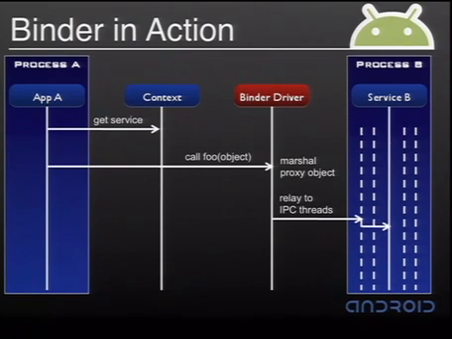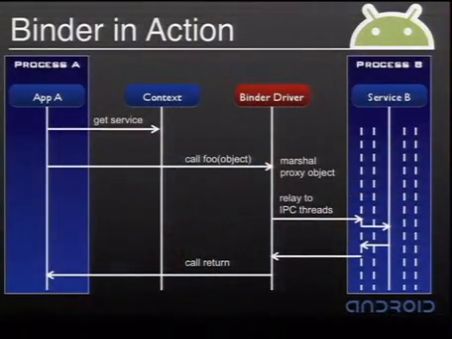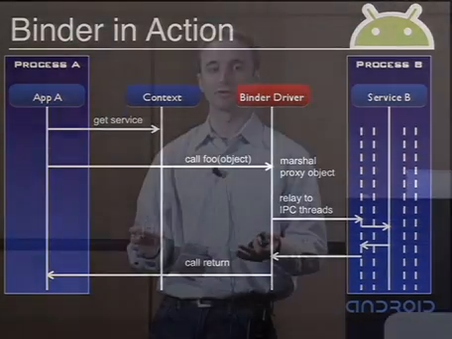It relays the method call and the request to these service threads, or these IPC binder threads, which will then locate the actual object, service B, running in that process and make the call. Return the call to the thread, which will then pass it back to Binder, which can take back any objects that are passed back, marshal those back from object references to proxy objects, and pass them back to application A. So it's a synchronous model that allows you to do inter-process communication as if it were running in your local process.